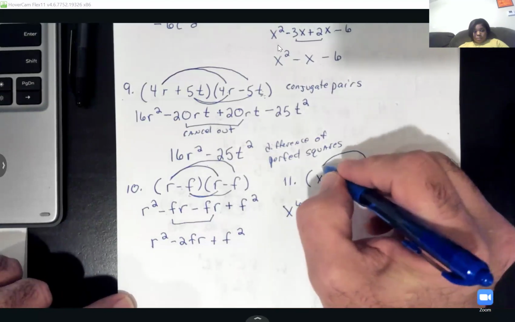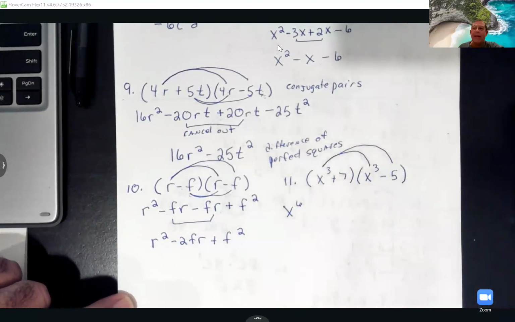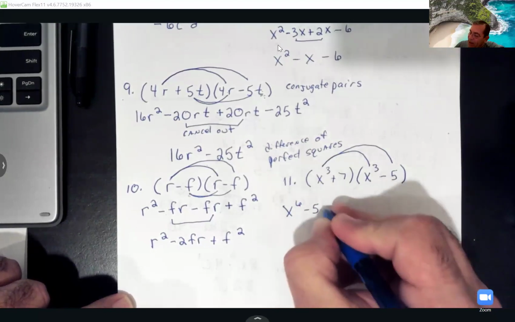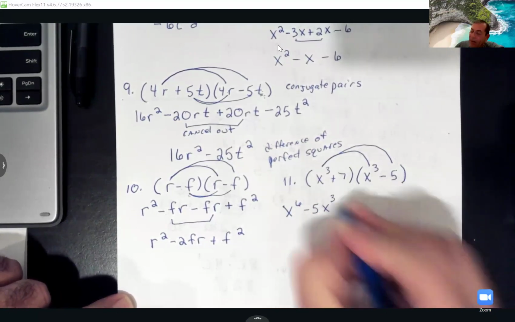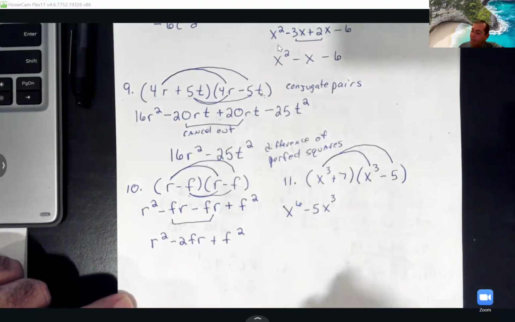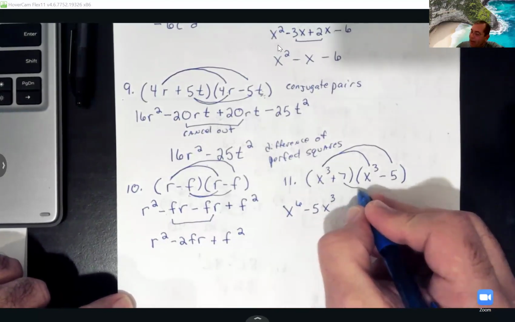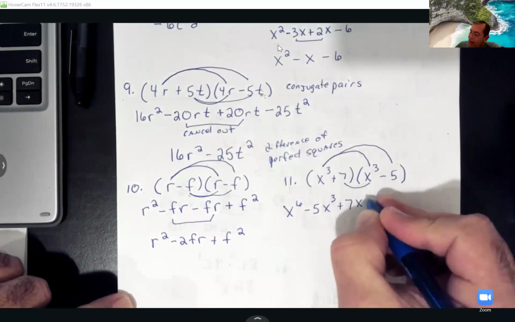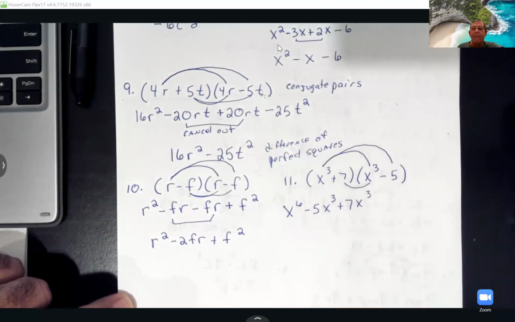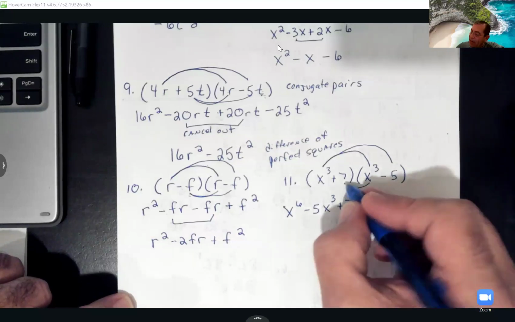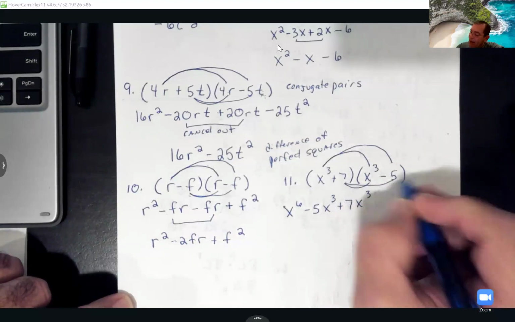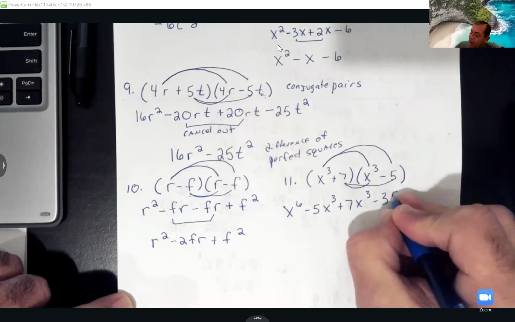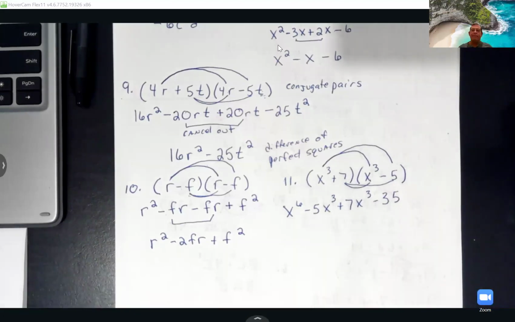And then let's see, the x to the 3rd times -5 is just a -5x to the 3rd. The 7 times x to the 3rd is a positive 7x to the 3rd. And y'all finally, that 7 times -5 is what, a -35.